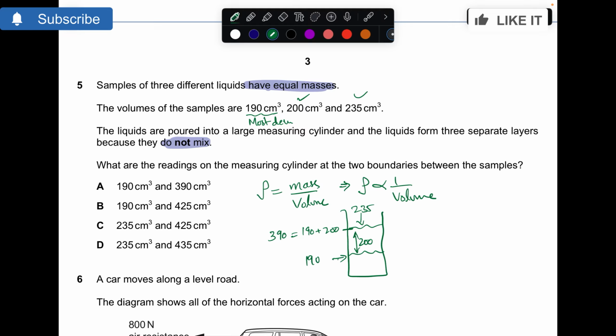What are the readings on the measuring cylinder of the two boundaries? One boundary is this, one boundary is this, the readings are 390 and 190. So it's option A, that is correct.